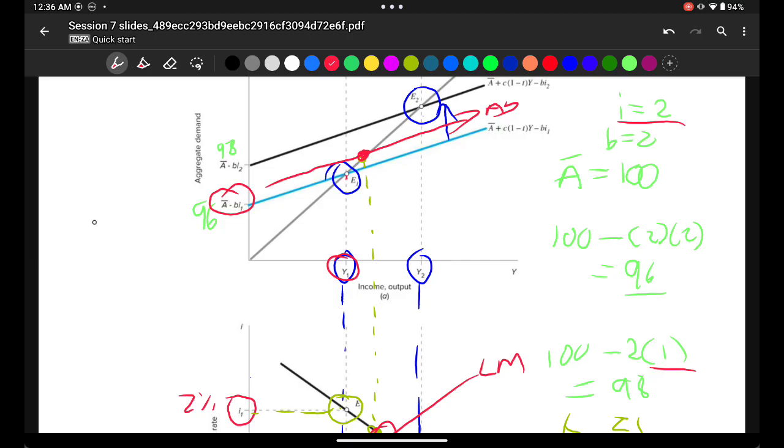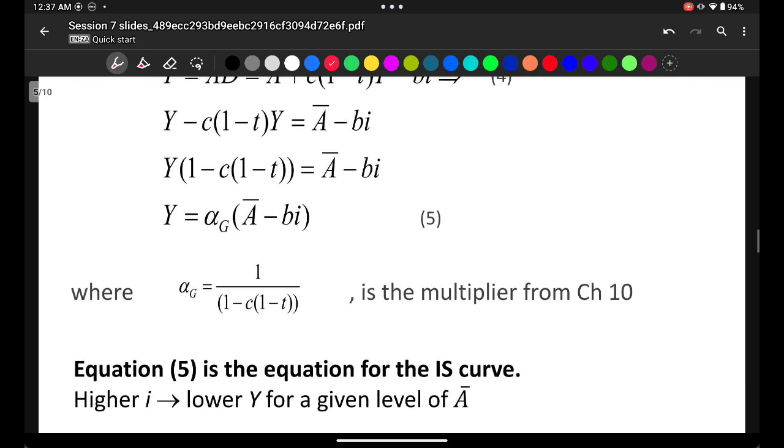The multiplier is 1 over 1 minus c times 1 minus t, times this. That will give you this answer here. Be careful of how I put the brackets, and this is c times 1 minus t, all in that, because board maths will get it completely wrong.